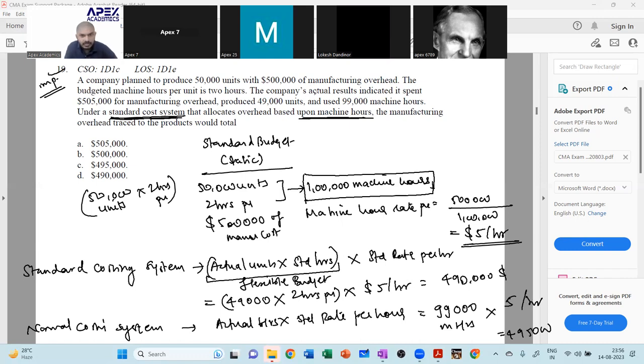And of course, my last one is actual costing. This is nothing but actual incurred, which is 5 lakh 5,000.